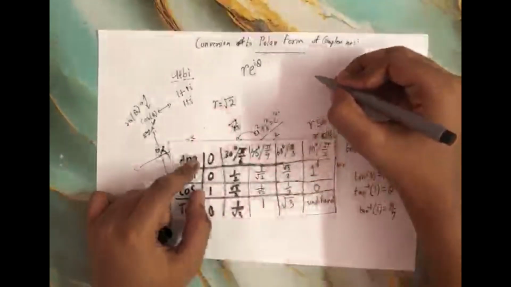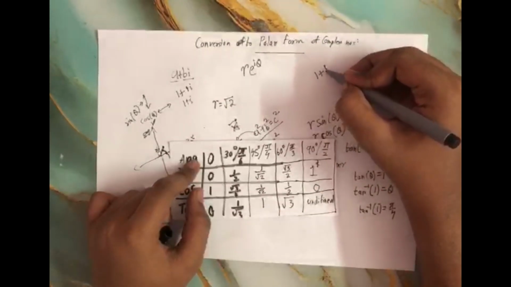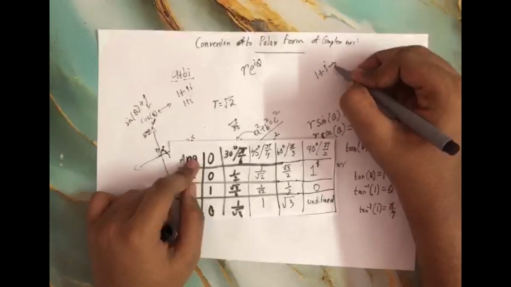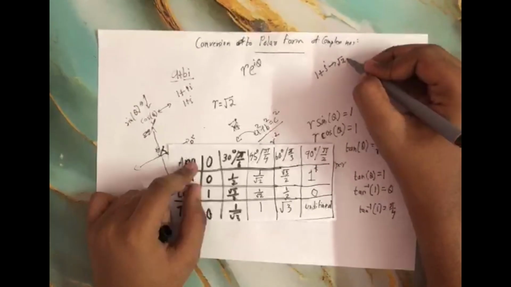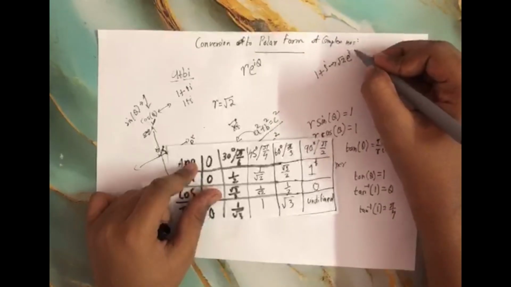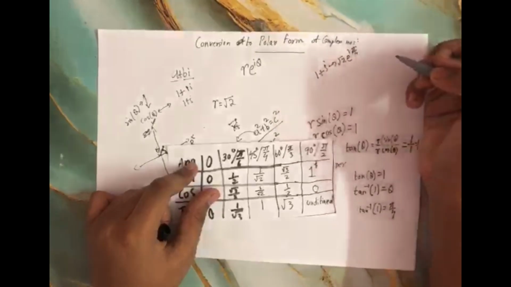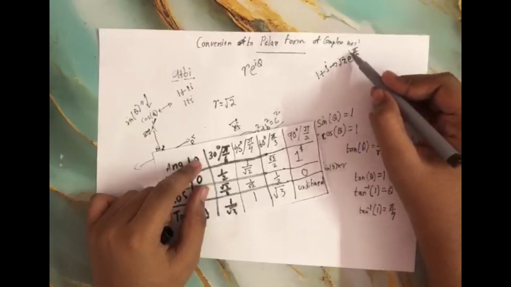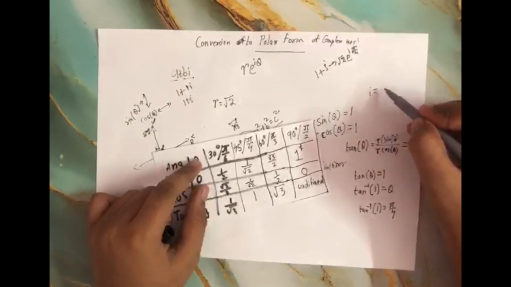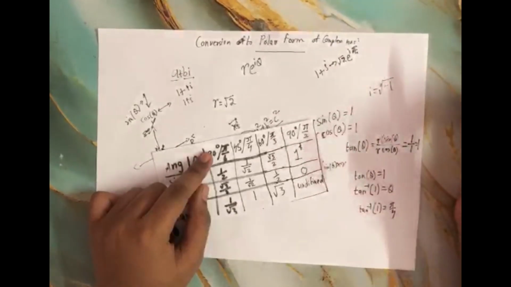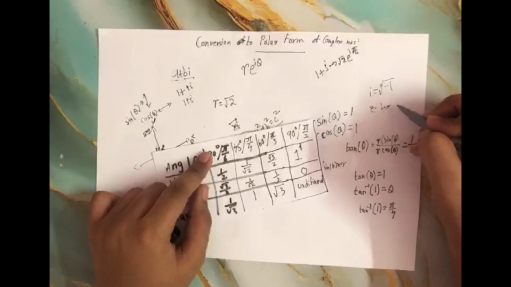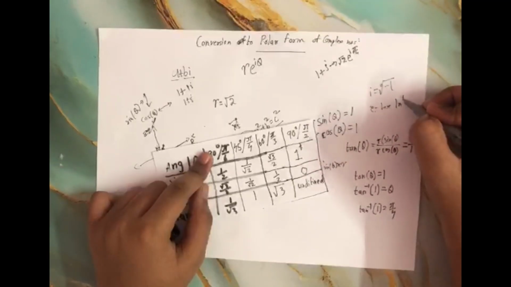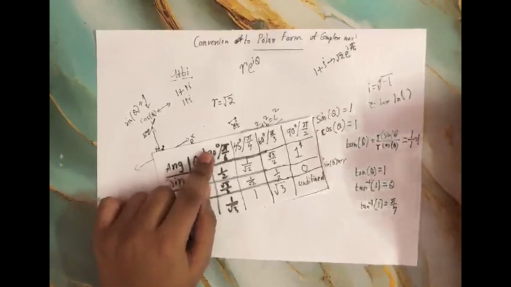So, to represent 1 plus i in polar form, it will be root 2 e raised to i pi by 4. As you know, i is the square root of negative 1, and e is just the base of the natural logarithm, ln.